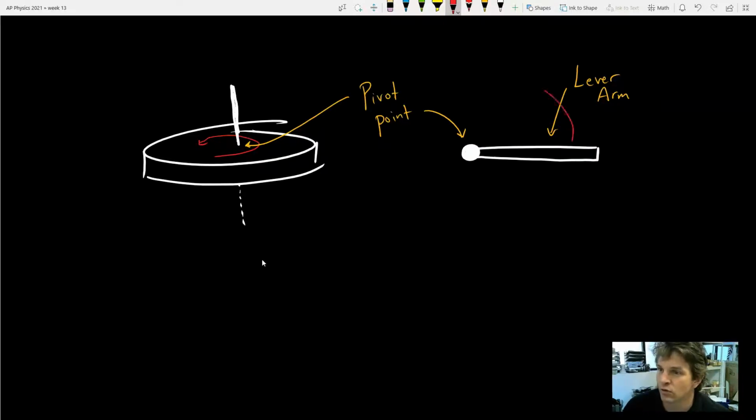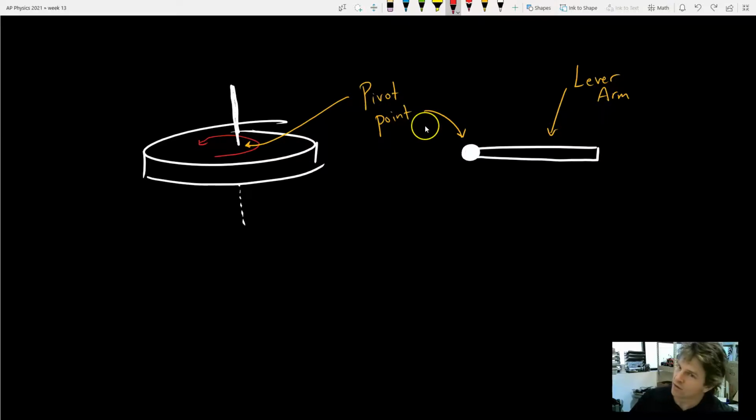You know, this thing could go clockwise, or it could go, actually that would be clockwise, and then this would be clockwise. The other one would be counterclockwise, right? But in order to get them rotating, we have to apply a torque to it. So what is a torque?